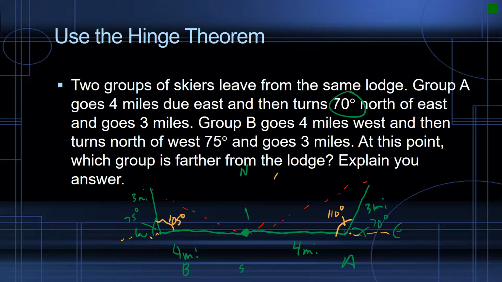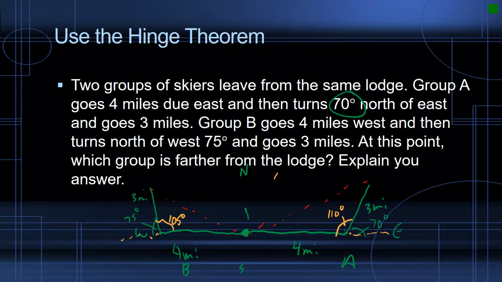Now, which group is farther away from the lodge? 4 miles, 3 miles, 4 miles, 3 miles. But we've got one interior angle that's going to be 110 and one that's 105. I'm waiting for you to give me the answer. Oh, you're not here. Okay.